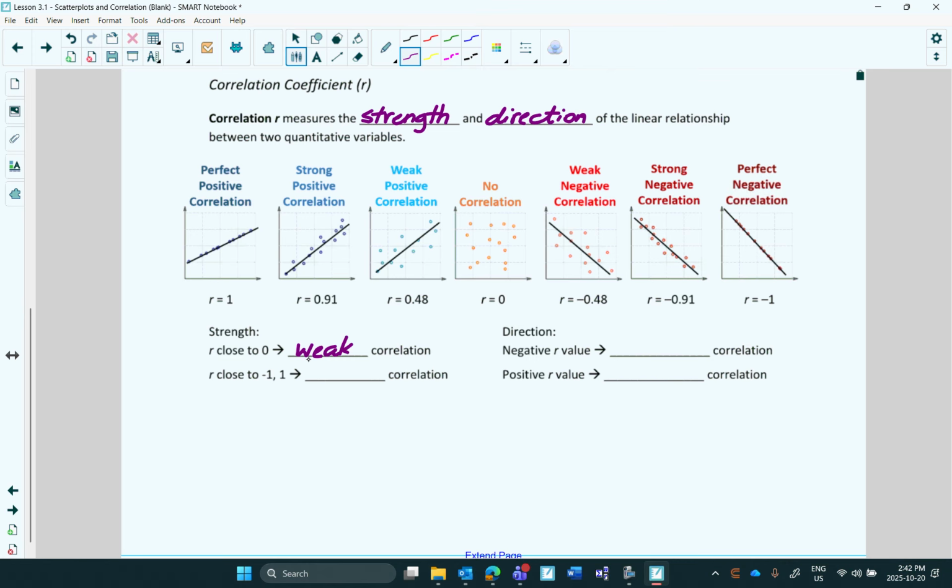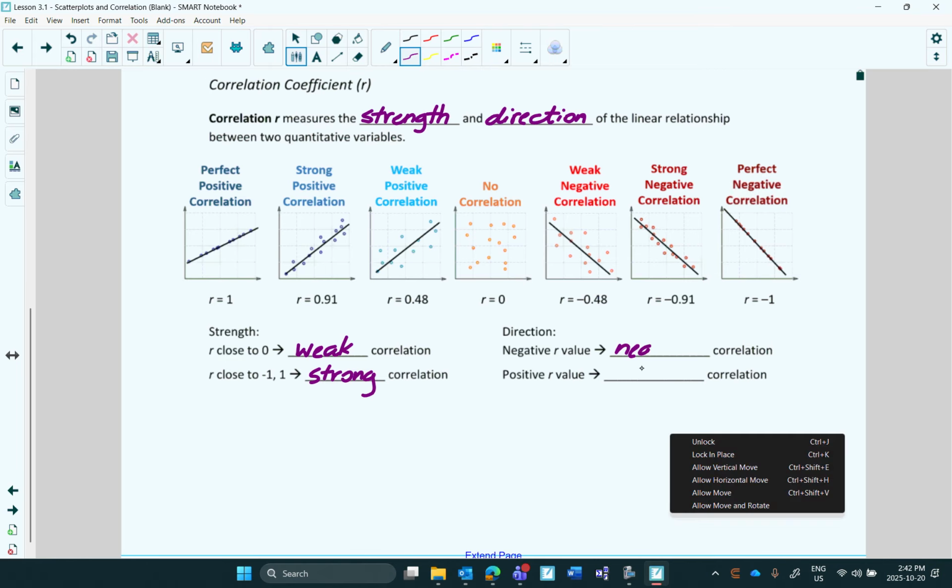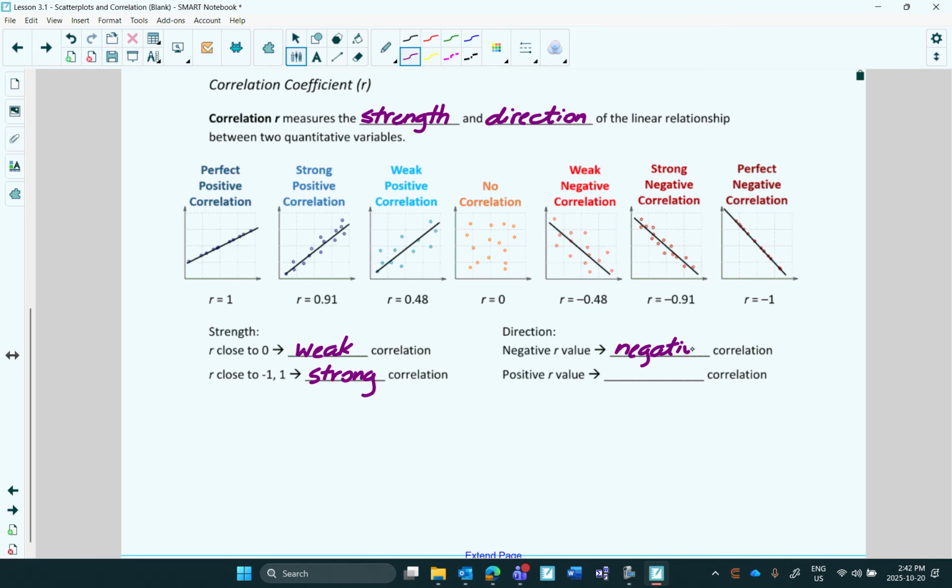If r is close to -1 or +1, we have a strong correlation. If r is negative, obviously the correlation is negative. And if r is positive, obviously the correlation is positive.